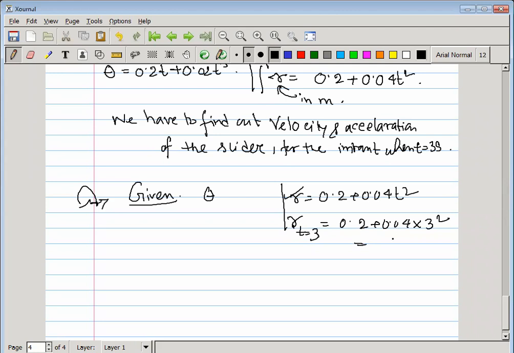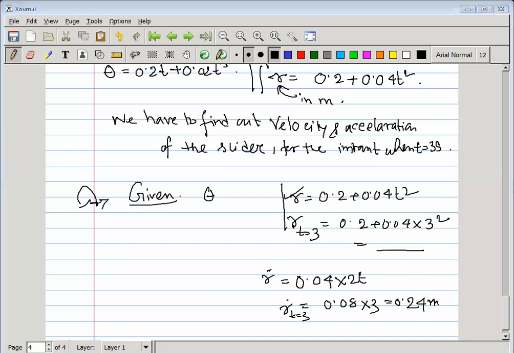And r dot, the derivative, is 0.04 into 2t, so it is 0.08 into 3, which is 0.24 meters per second. And r at t equal to 3 is 0.56 meter.